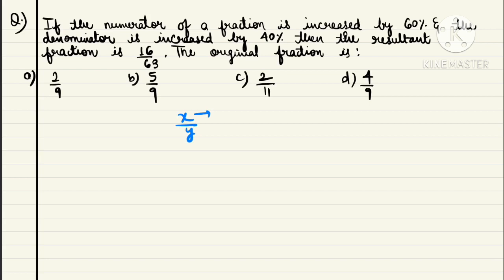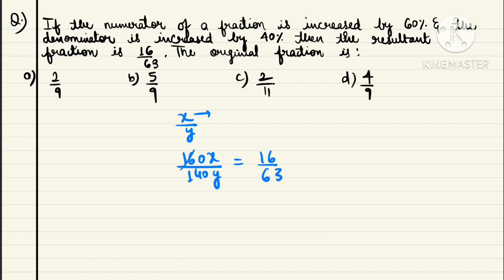If it is increased by 60%, we can write it as 160x. And the denominator is increased by 40%. The denominator first is 100y and it is increased by 40, then it will be 140y. Now the resultant fraction is 16 by 63, right?